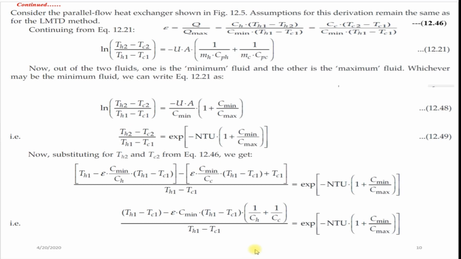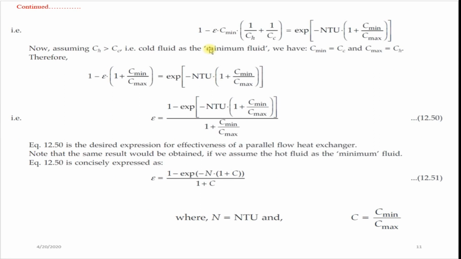Th1 minus Tc1 is common throughout, so it cancels. After cancelling, you will get 1 minus epsilon into C minimum into (1 by Ch plus 1 by Cc) equal to exponential of minus NTU into (1 plus C minimum by C maximum).